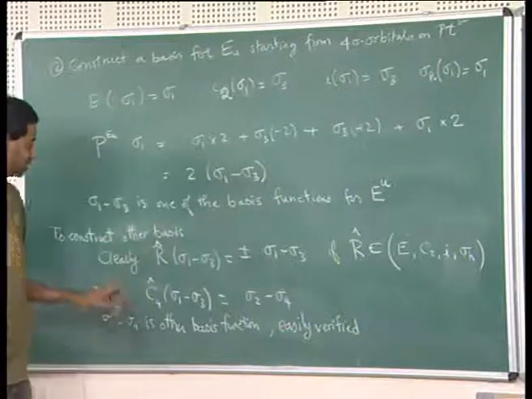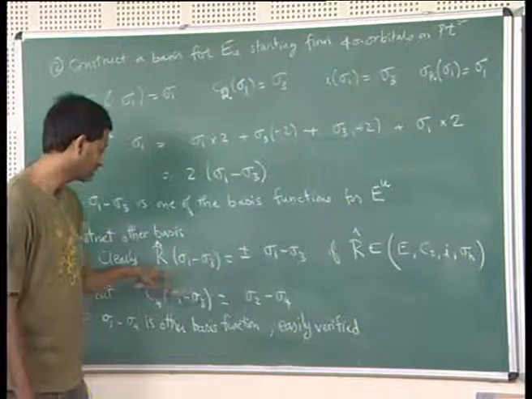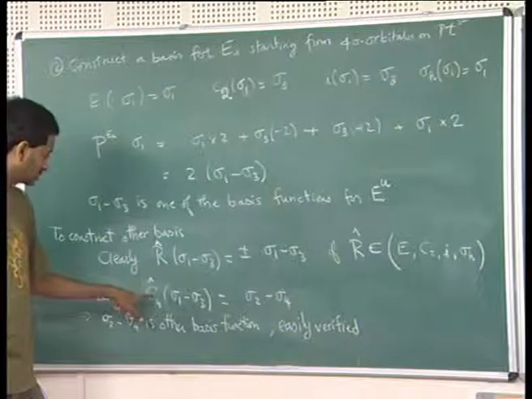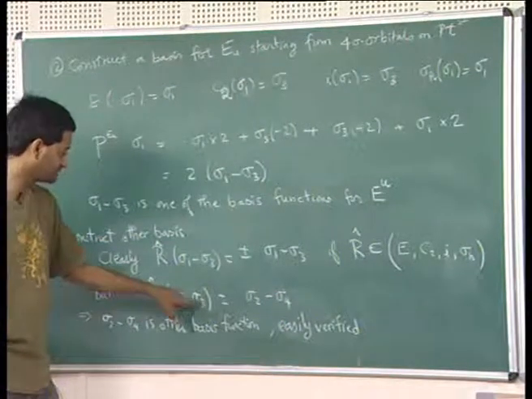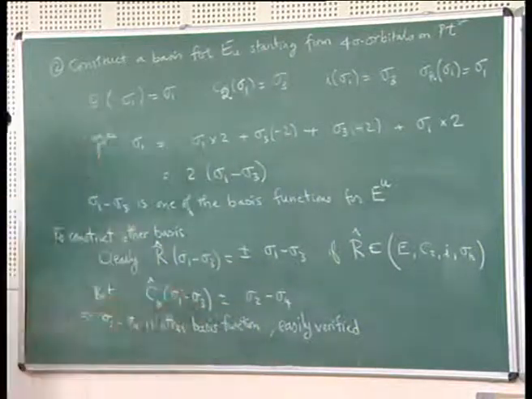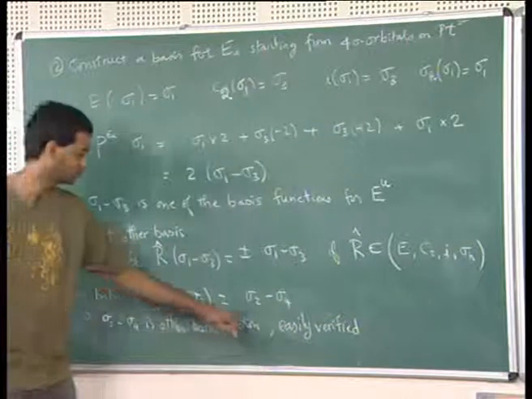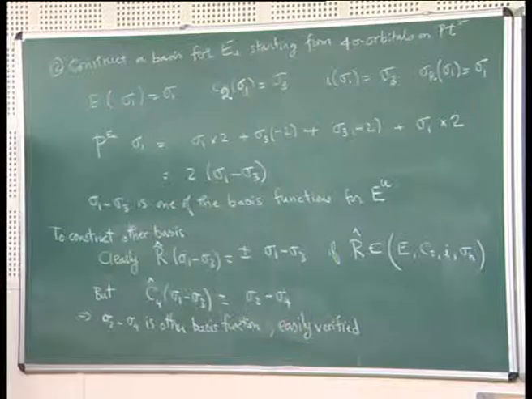Then we looked at how C4, when it operates on sigma 1 minus sigma 3, gave something that is orthogonal to sigma 1 minus sigma 3. So we guess this, and then we can easily verify that sigma 2 minus sigma 4 is another basis for this representation.